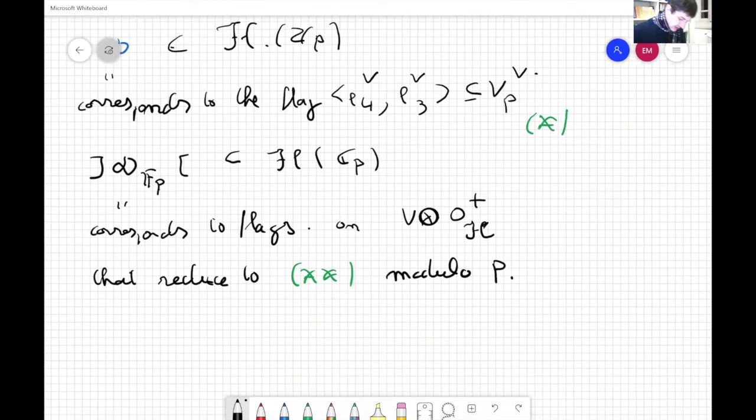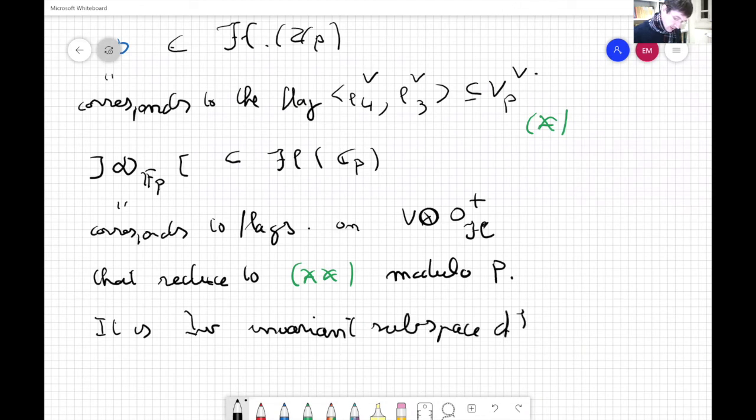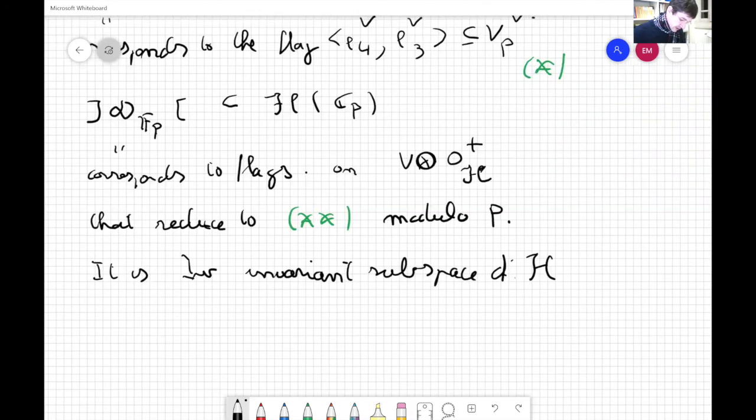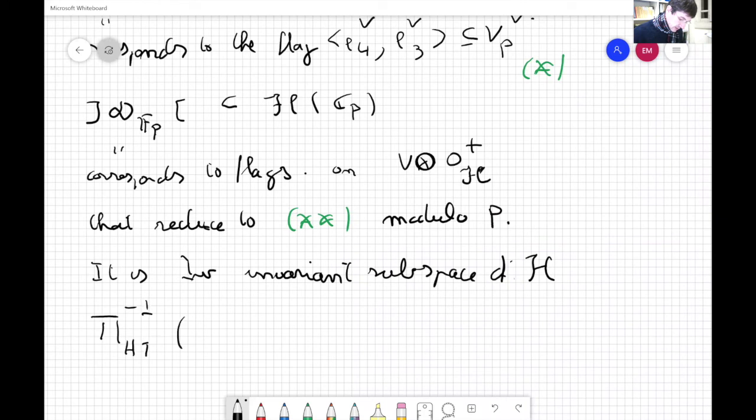So it is the Iwahori invariant subspace of this flag variety, and we take the inverse image, as we learned, of infinity F_p. We take the quotient of the Iwahori.